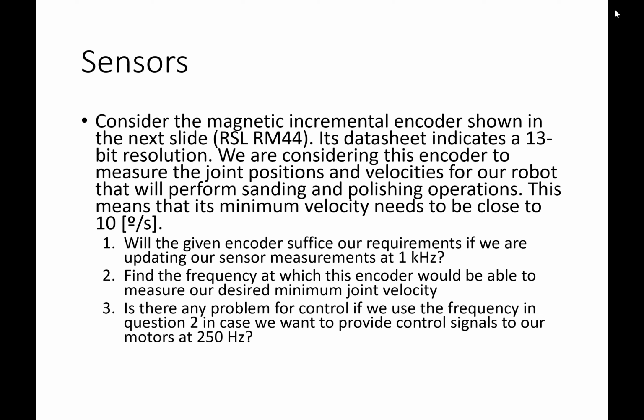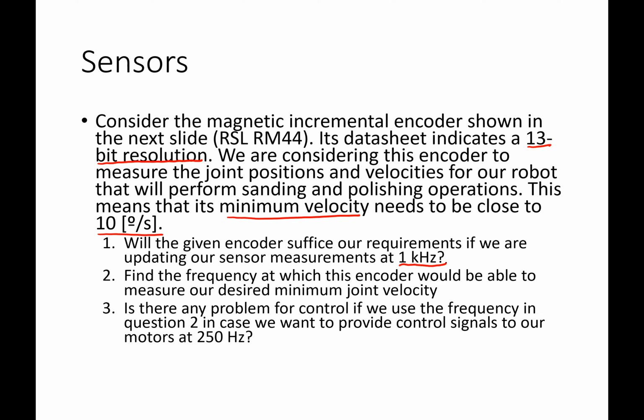Of course, the data that we have in this problem is first the 13-bit resolution of the encoder, then the minimum velocity at which we want to operate, which is 10 degrees per second. And the first question tells us that we want to have an update frequency of 1 kilohertz. Then we need to find out the frequency.